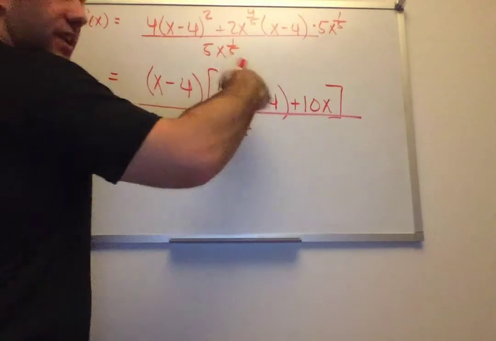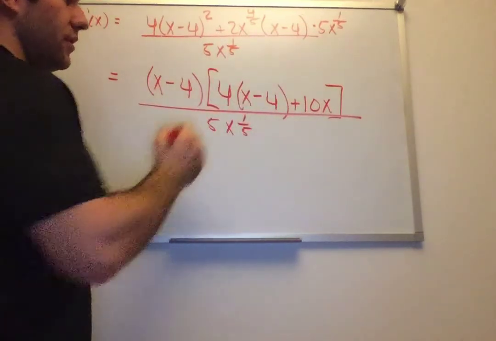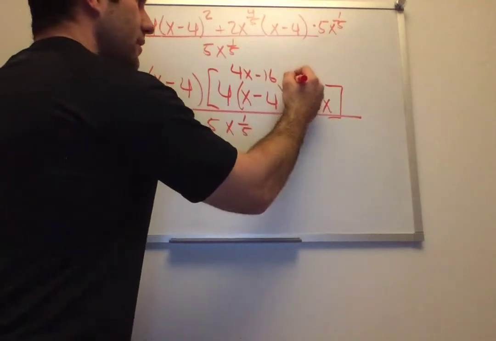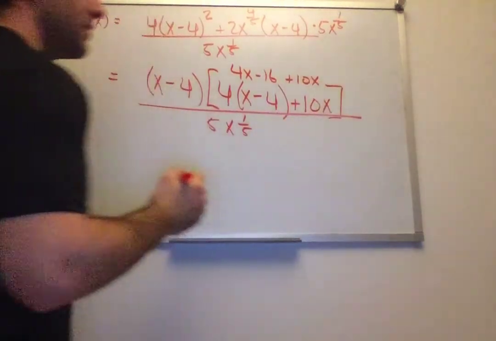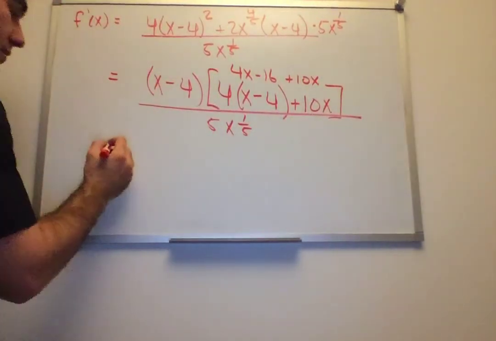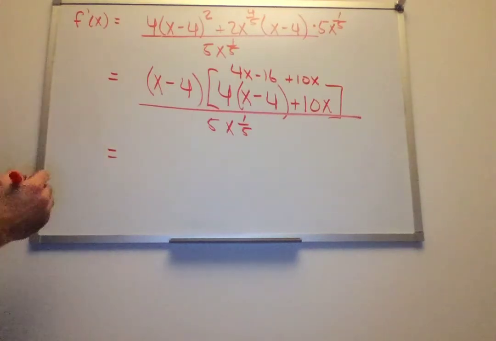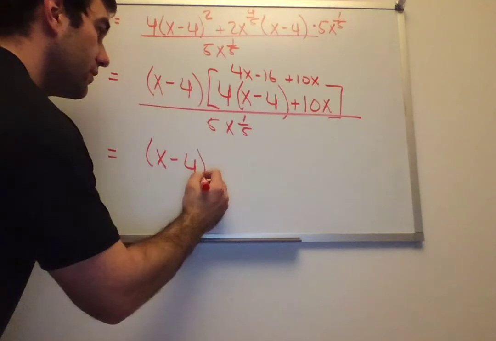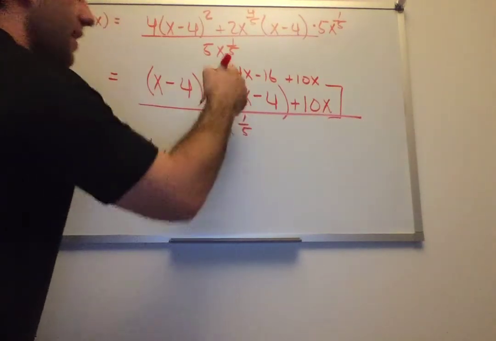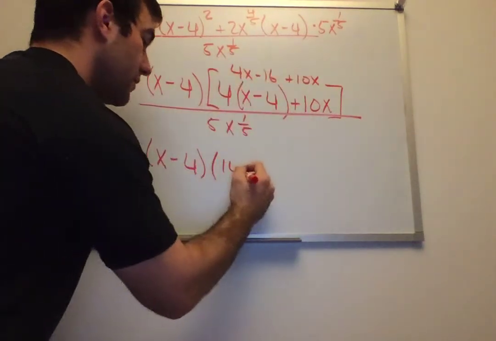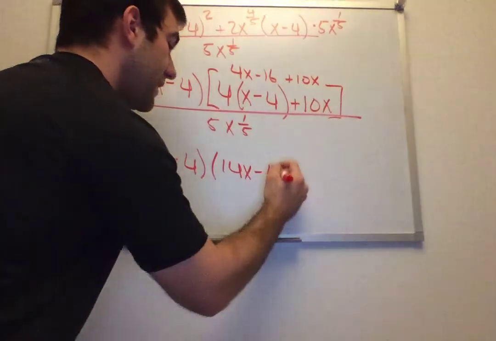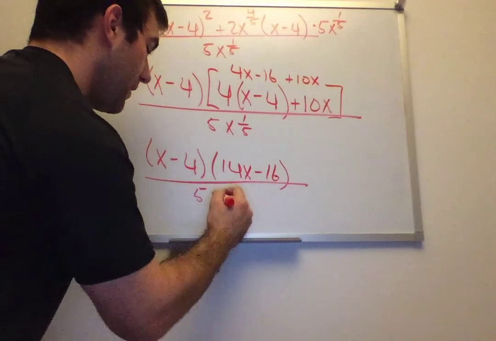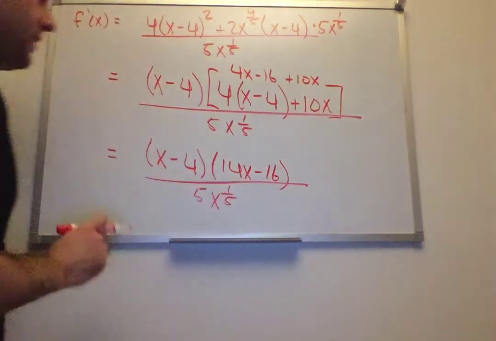Now, if you were to look in here, you're going to see we've got a 4x minus 16 plus 10x. We could fully simplify this now to an (x minus 4) times a 4x plus 10x is 14x minus 16, all divided by 5x to the 1/5 power.